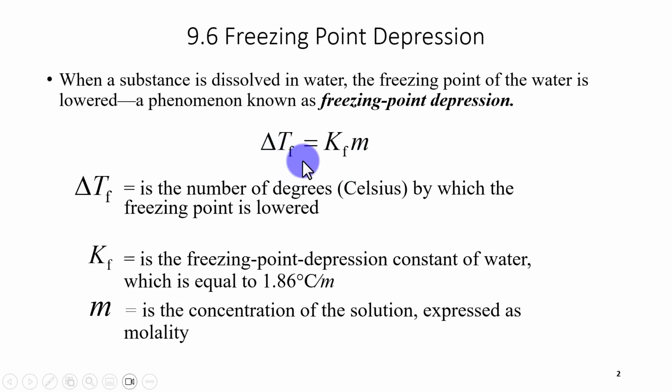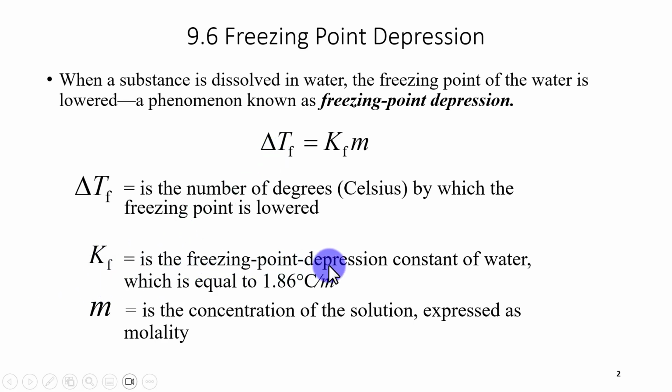So the change in temperature is given as Kf times m, where delta Tf is the number of degrees Celsius by which the freezing point is lowered. Now remember, to calculate the new freezing point, we would have to take the freezing point of pure water and subtract this delta T that we calculate.